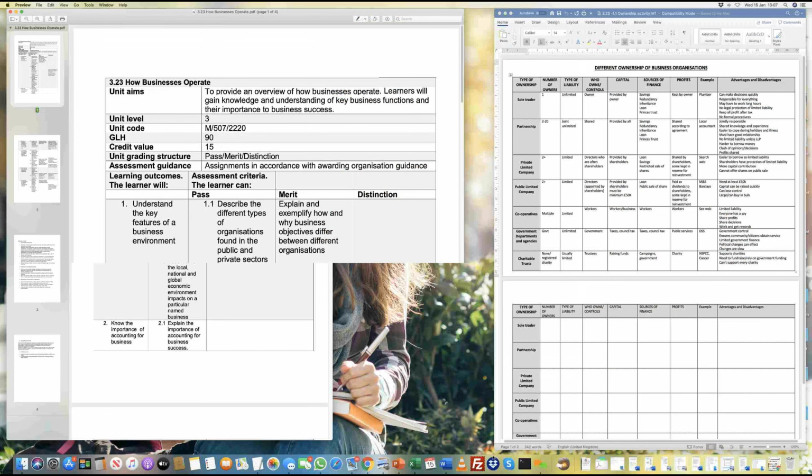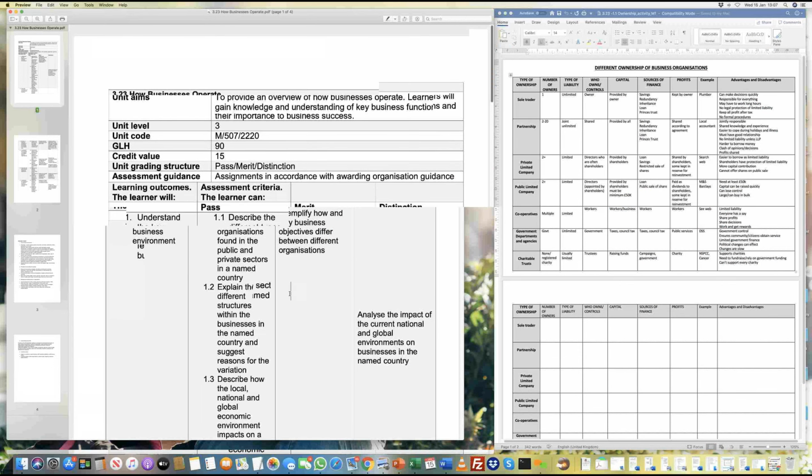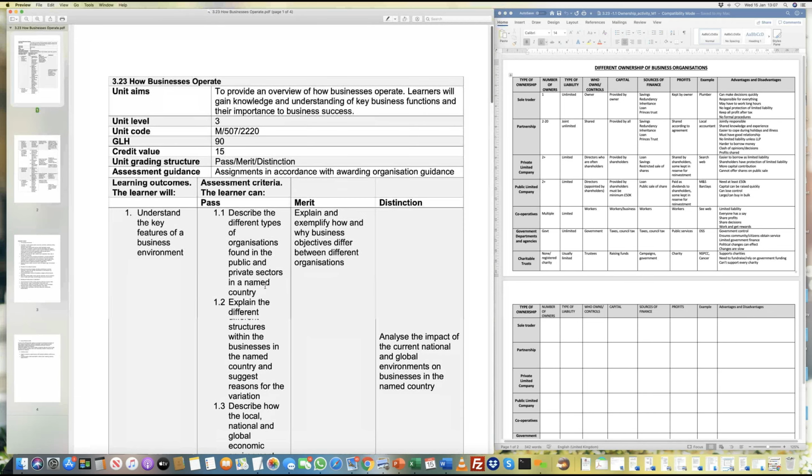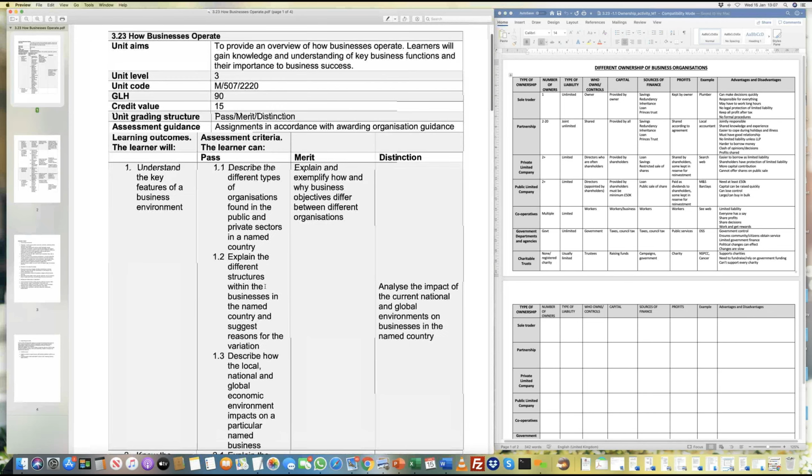this unit will make you aware of a certain amount of things that we normally would encounter when we talk about a business or an organization. In the first learning outcome, in particular, we're going to learn how to understand the different types of organizations. These different types of organizations are going to be based on ownership.